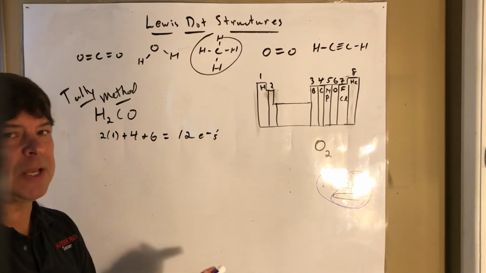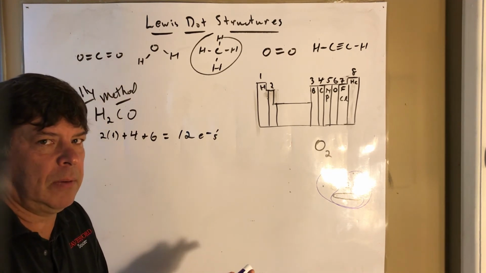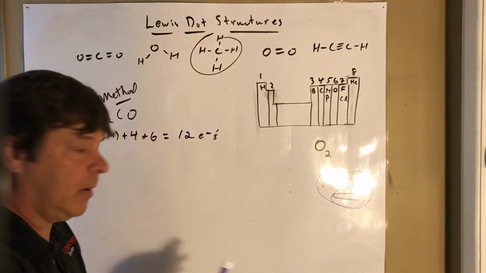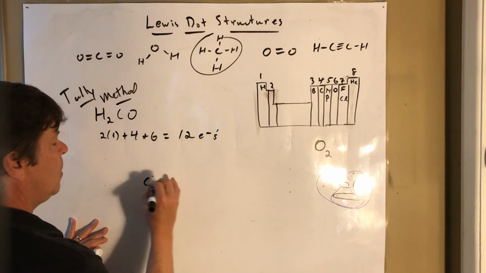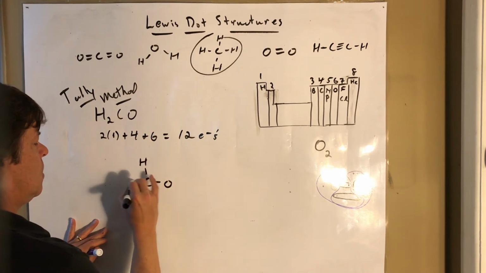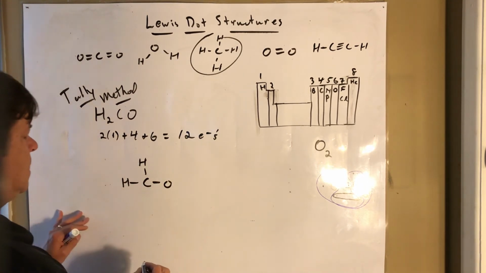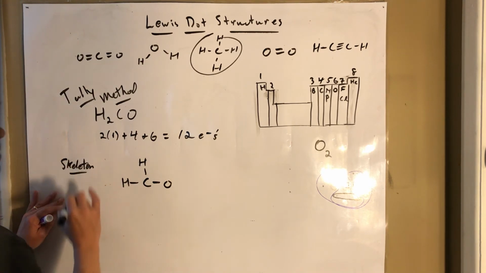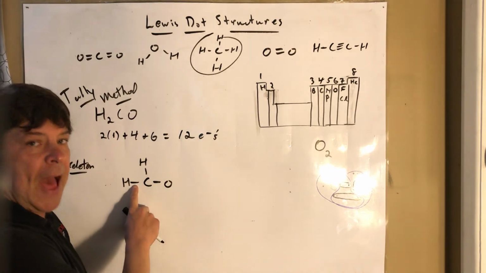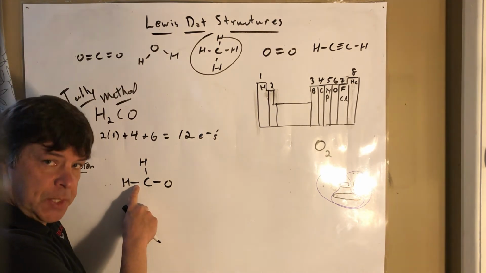Next step is draw the skeleton. We know which atom is going to be the center. Hydrogen can't be in the center. Carbon's in the center. So this is what's called the skeleton. Do you remember each dash, how many electrons does that represent? 2, right?